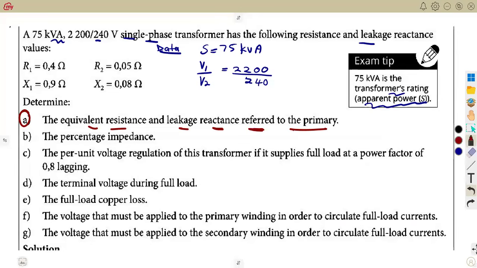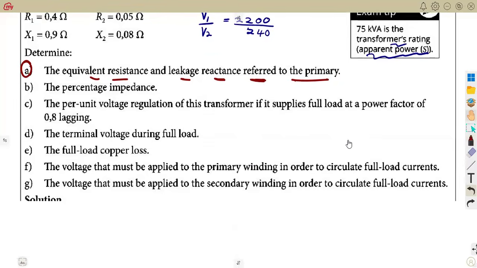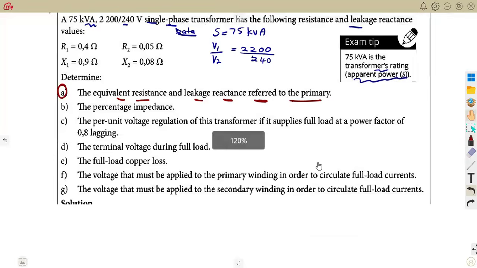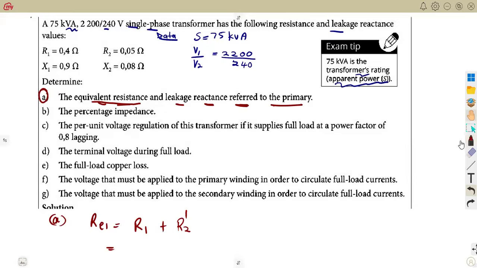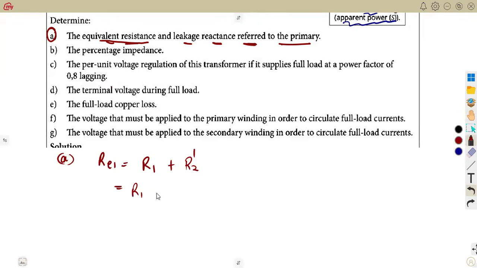This one was just going to be a straightforward question. So remember, as it is referred to the primary, the equivalent resistance is going to be given by R1 plus R2 bar, like that, which is given as we're going to consider now the ratio.